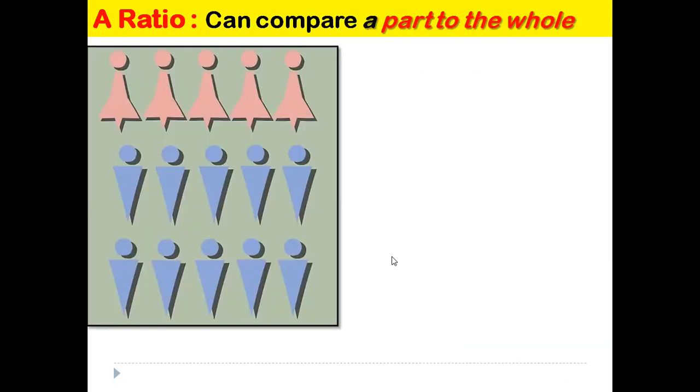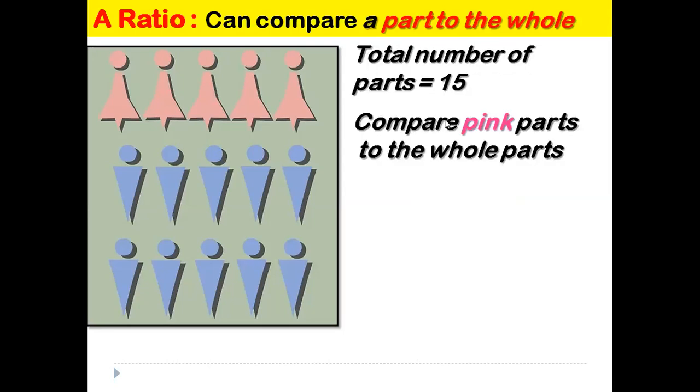And we can also compare part to whole. For example, if we need to compare the pink parts to the whole number of parts, how many pink? We started with pink, so count the pink: 1, 2, 3, 4, 5 pinks to the whole. The whole number of shapes is 15.